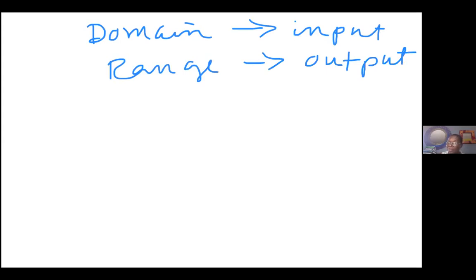Alphabetically, input comes before output, so input is synonymous with domain, and output is synonymous with range, guys. Now, any questions about this one, guys? Any questions on how to decide if an equation is a function of x or not?